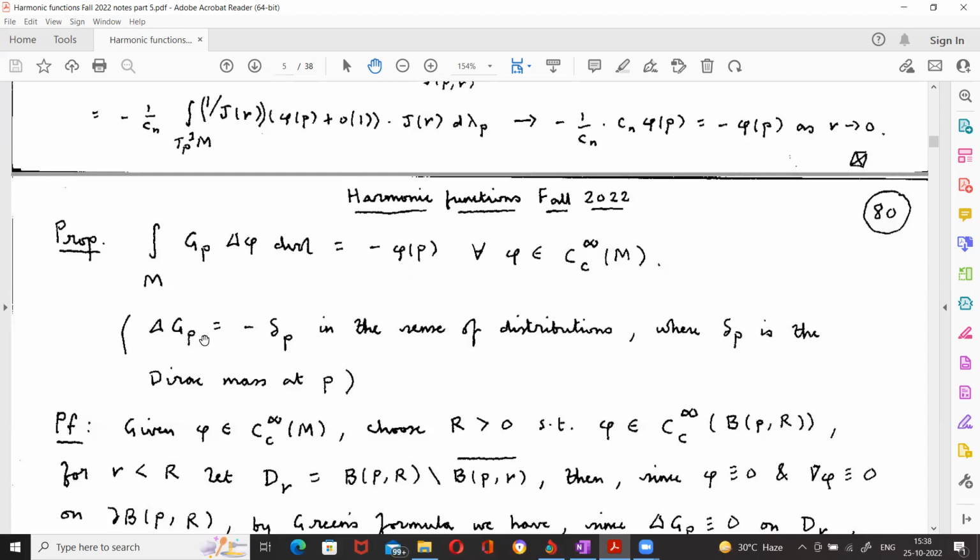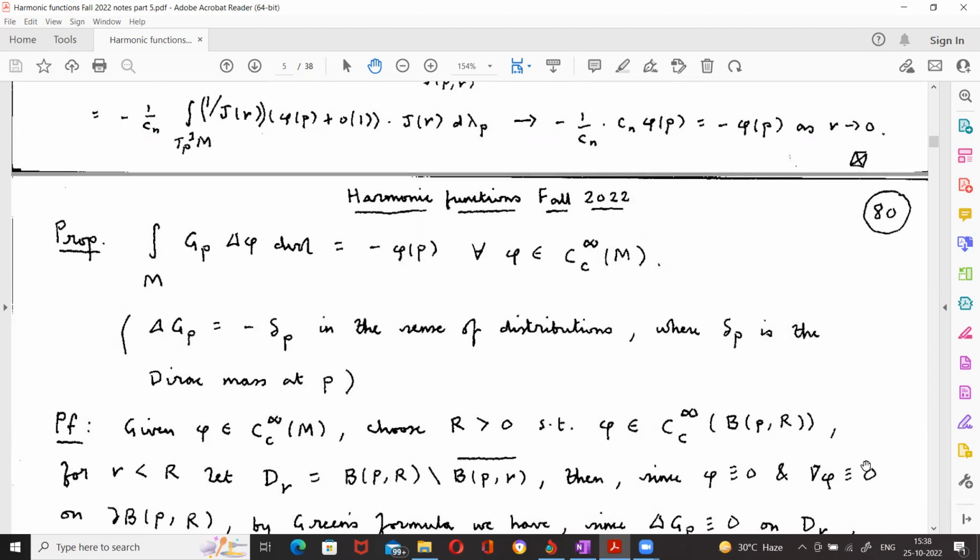This is the meaning of this statement: the distributional Laplacian acting on a test function φ is defined to be this integral. So this integral is equal to minus φ(p), and minus φ(p) is just the Dirac distribution acting on φ.